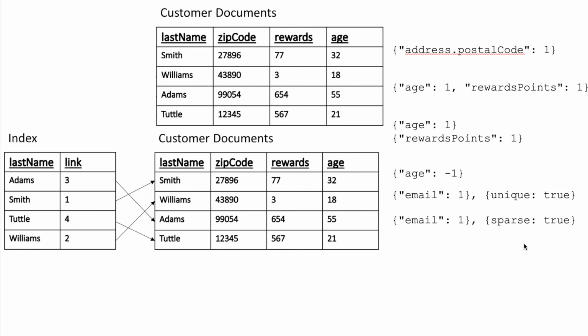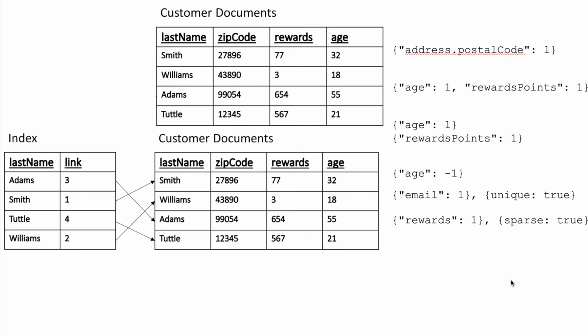Now there's also something you can do called sparse, which you would set up if you want to uniquely find documents and only the documents that contain that field. Email is a bad example, but you may have some other property that you're experimenting with and not everybody has it. Let's say the rewards was something you're experimenting with.